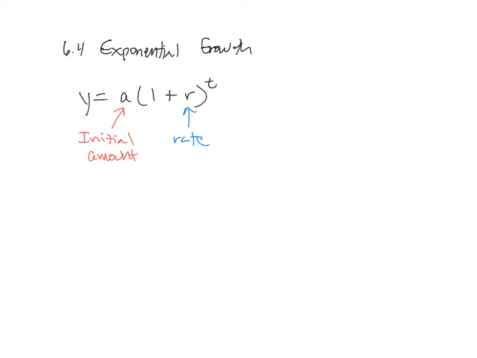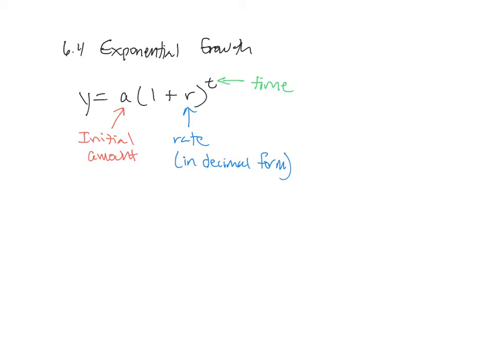And our rate will always be in decimal form. So we'll talk about that. And then our t is in time. It should be somewhat obvious. Typically, for a lot of our stuff, it's like a year, or it could be 2 years or 3 years or 4 years. We'll do some stuff in months or whatever, but not today.